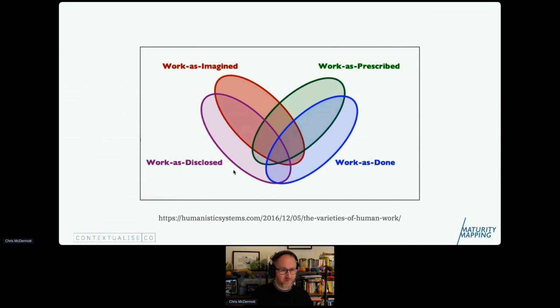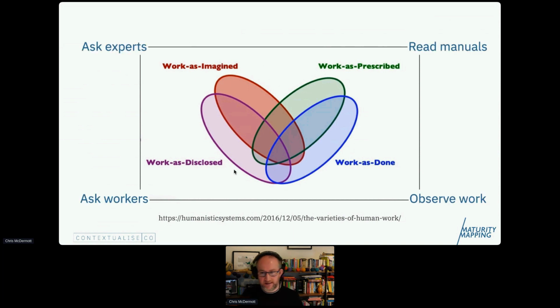So depending how deep you want to go into this context, and how much you feel you really need to understand in order to develop maps and have utility from those maps, you could, through work as imagined, ask experts, how is work done here? Or you could go deeper and ask workers, how do you do your work? Or you could do ethnographic observation and observe how work is done.